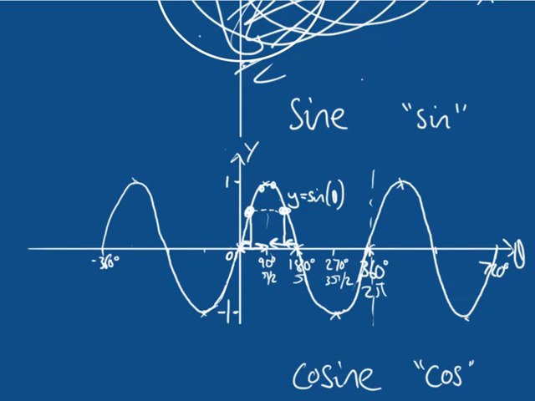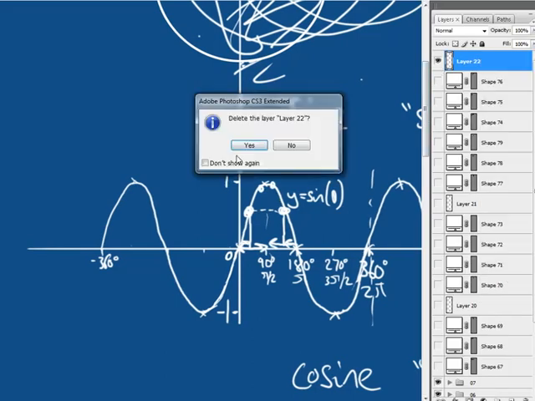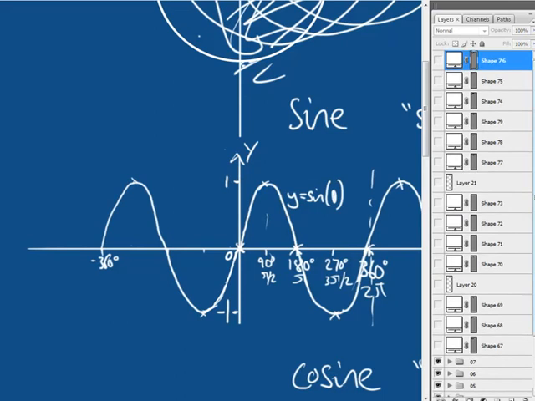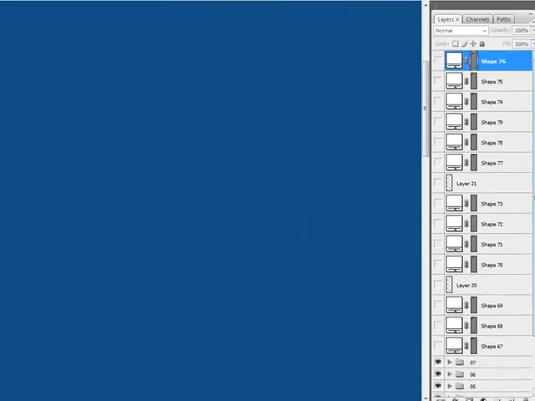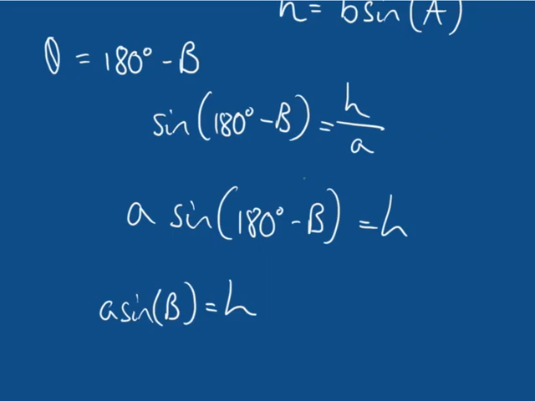So because of this, it allows us to say that the sine of 180 minus b is the same as the sine of b. So let me delete this new layer with doodlings on, hide out our graph of sine, and then bring up our layers again. Fantastic.